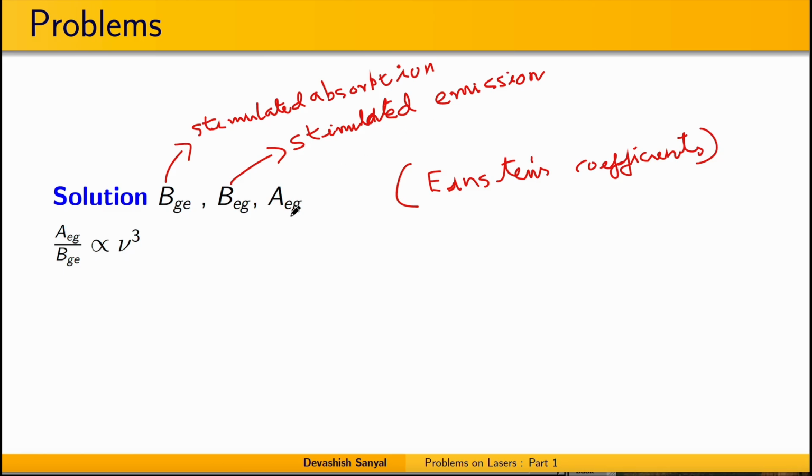And this is spontaneous. These are the coefficients, the rates of transition, and this is spontaneous emission from the excited state to the ground state.